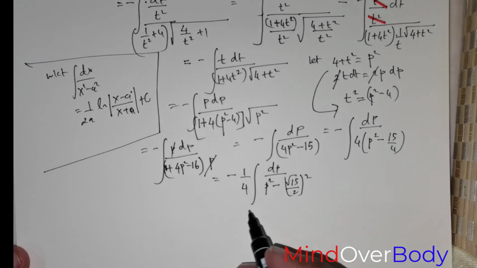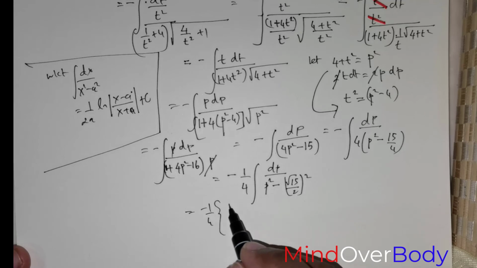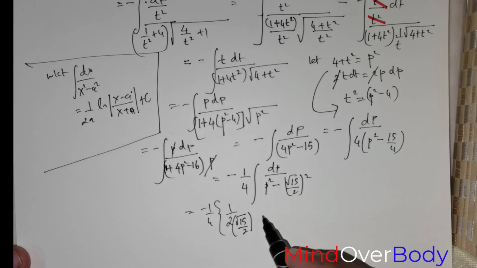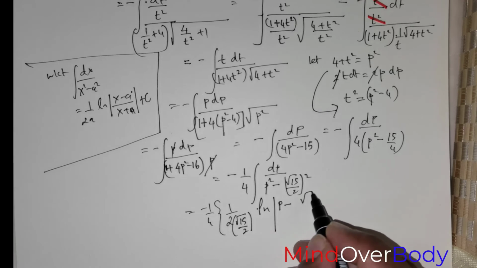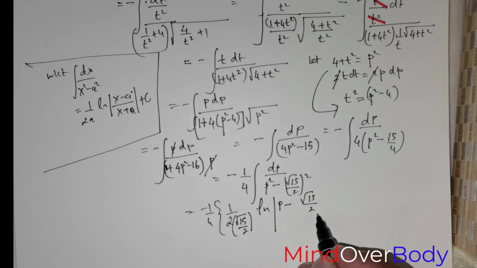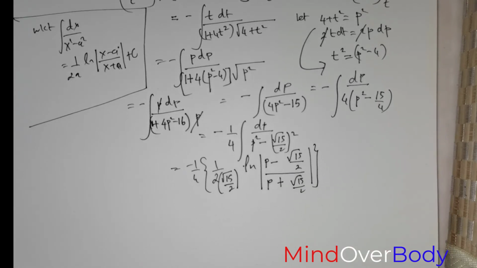So if I were to use that formula, this is going to be minus 1 over 4 times 1 over 2a, so it's going to be root of 15 divided by 2 times ln modulus x minus a, so it's going to be p minus root of 15 over 2 divided by p plus root of 15 over 2. So this is what I've got. I'm not going to add plus c as of now.